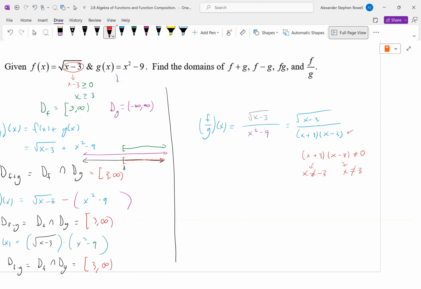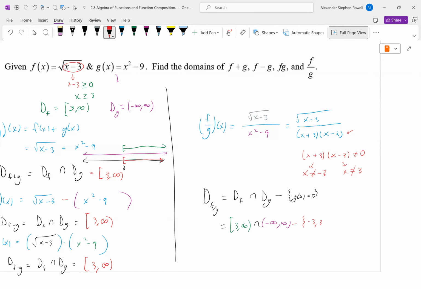So the domain of f divided by g should still be the intersection of the domain of f and the domain of g, but I must eliminate when g of x is equal to 0. So if I wrote these out explicitly, we said the domain of f is 3 to infinity, the domain of g was negative infinity to infinity, but now we're going to subtract which values?